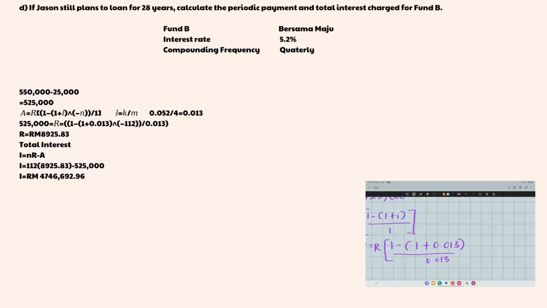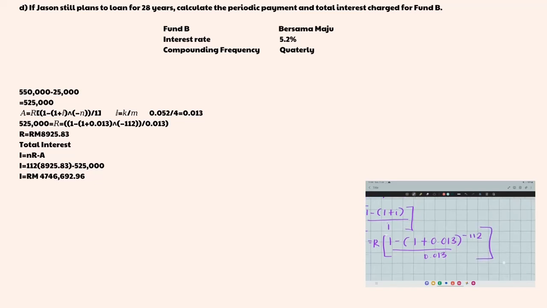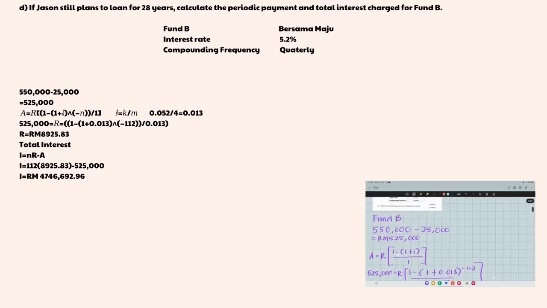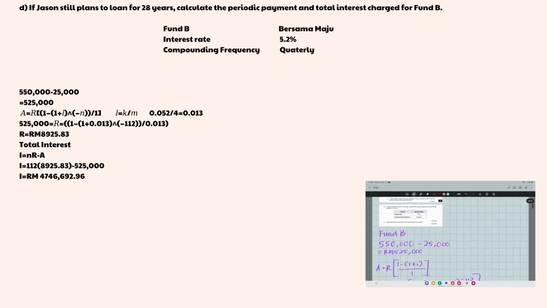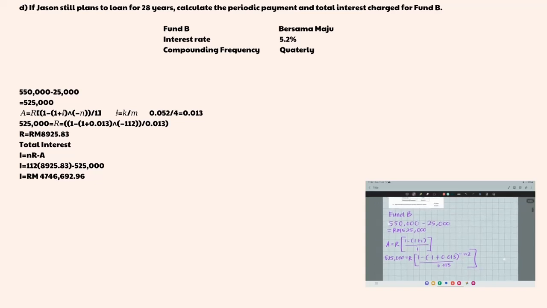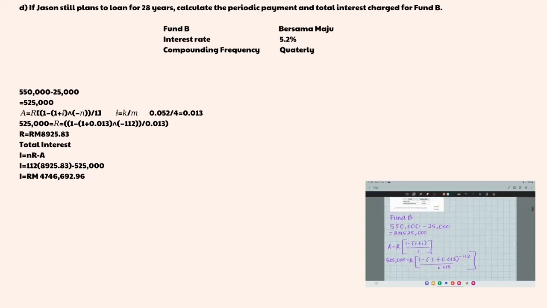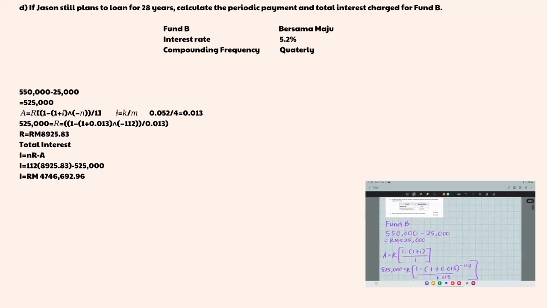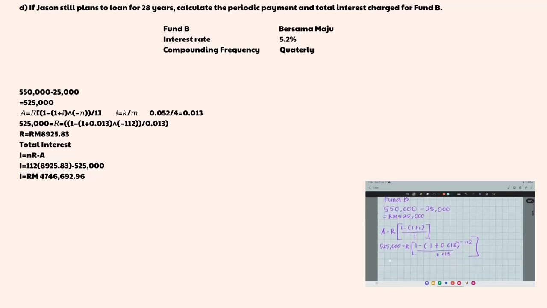So the total for n is negative 112. Close the bracket. Where I found the amount for 0.013 is 5.2% divided by the compounding frequency, which is quarterly, 4. So we get the amount of 0.013. The amount for n is 28 years multiplied by 4, so we get 112.